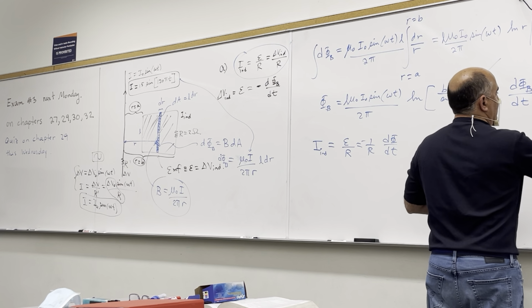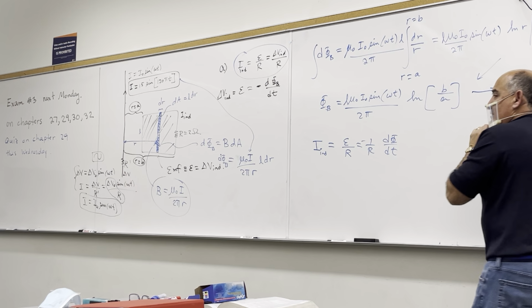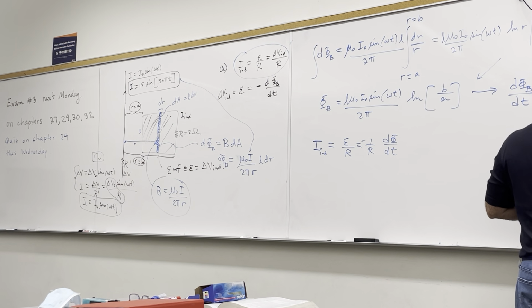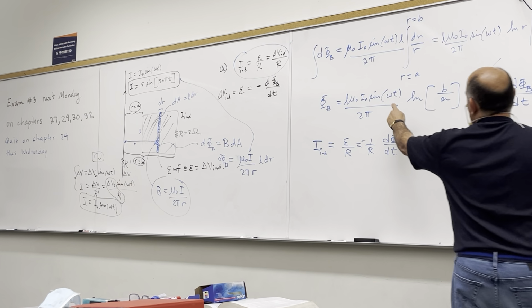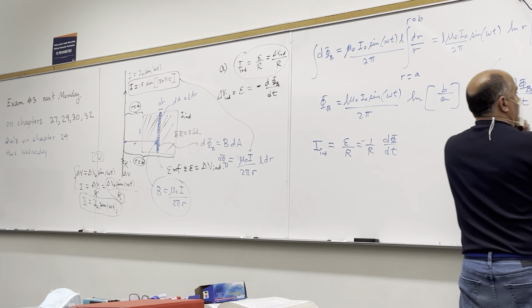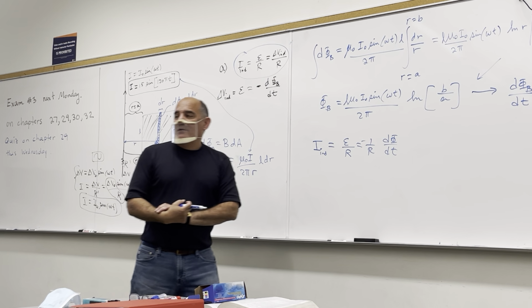Then 2 pi, that's a constant. And then I have to differentiate sine of omega t with respect to t. So the derivative of the sine is going to be the cosine of omega t. And then by the chain rule, I have to differentiate the inside of this with respect to time, which is just going to give me a factor of omega. Yes?